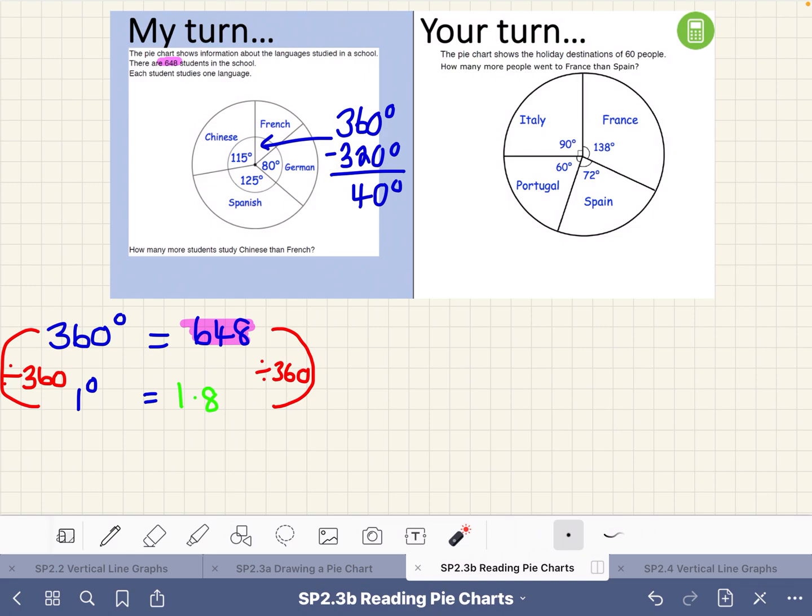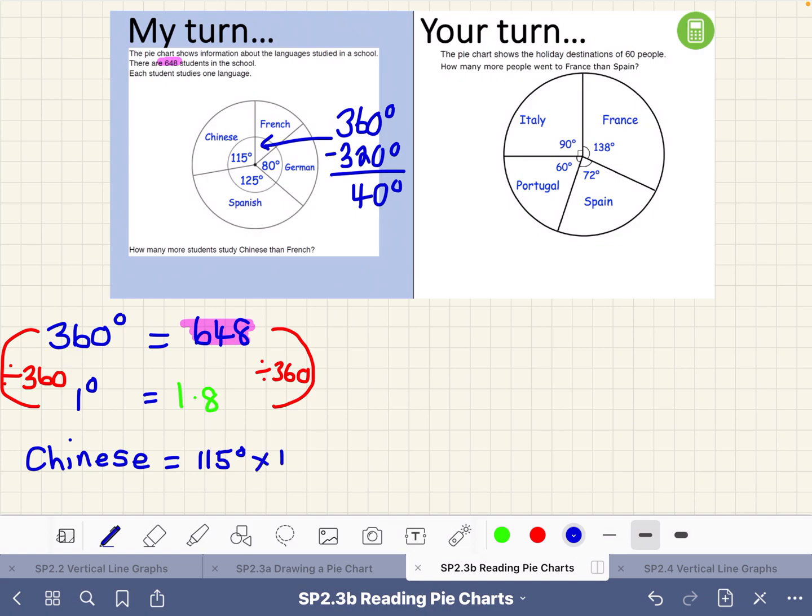We are now going to use that decimal to work out how many people studied Chinese. So we say we have the people studying Chinese. It is 115 degrees.